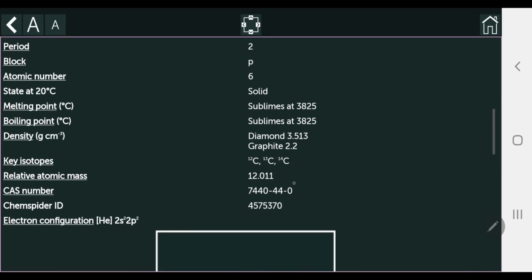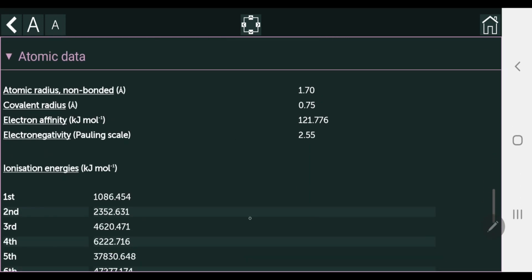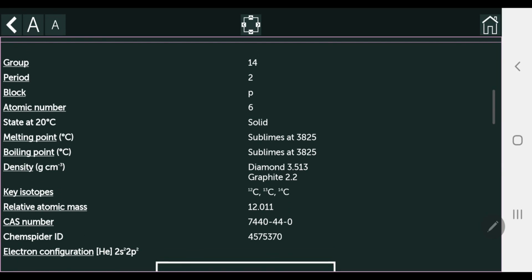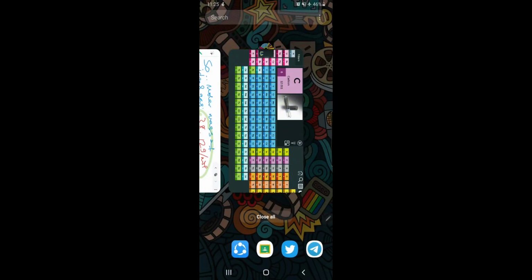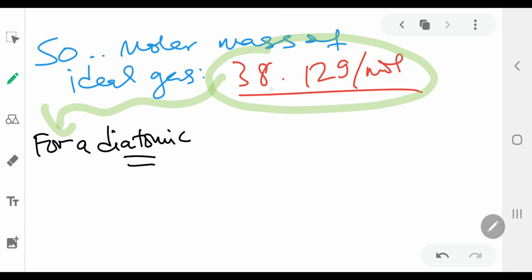Since this one is for diatomic, what we can do is take that number, 38.12 gram per mole, and divide it by 2.